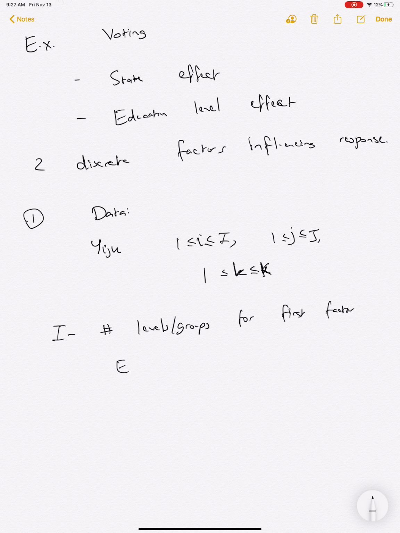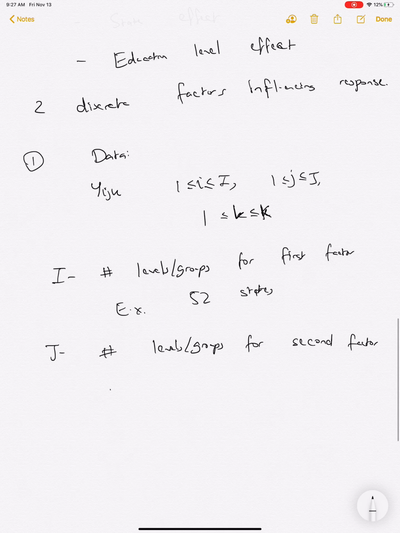So e.g. you could have 52 states. J is the number of levels or groups for the second factor. Okay, and so for example, we could say that that's just the number of different education levels we consider.